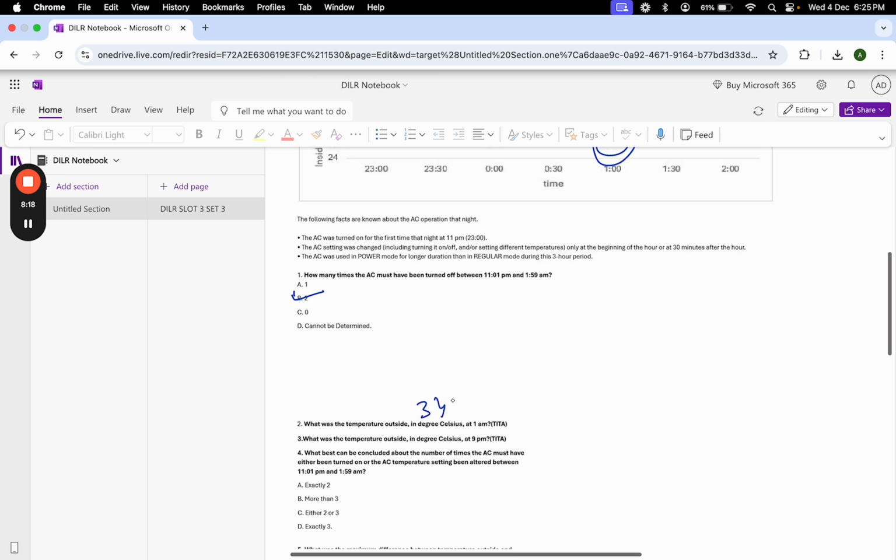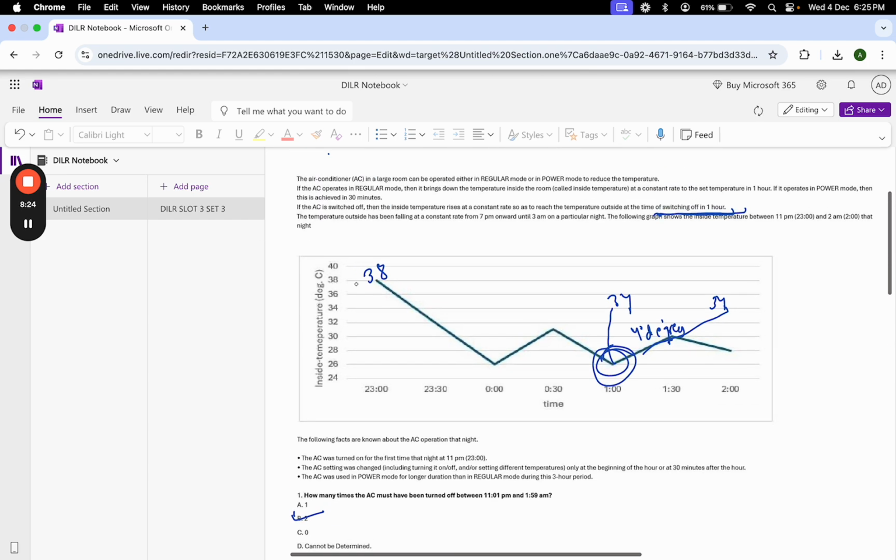Okay, so the outside temperature at 1 a.m. is 34 degrees. Next: temperature outside in degrees Celsius at 9 p.m. So in 2 hours, from 11 to 1, it has fallen by 4 degrees. So that means 2 degrees per hour is the rate at which the temperature is falling.